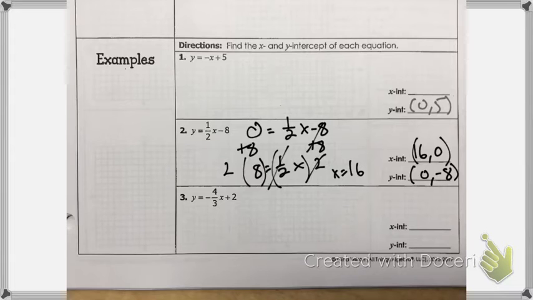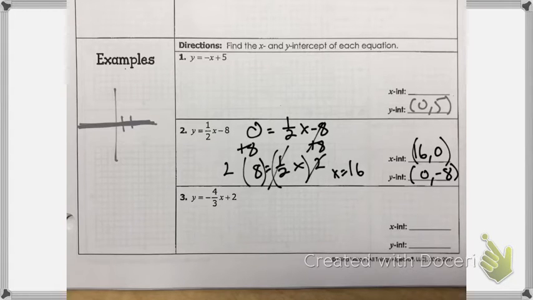What is always true wherever it crosses the x? Along my x-axis, what value do I always know? How far up or down is it, if it's on the x-axis? 0. So which value is 0 on the x-axis?